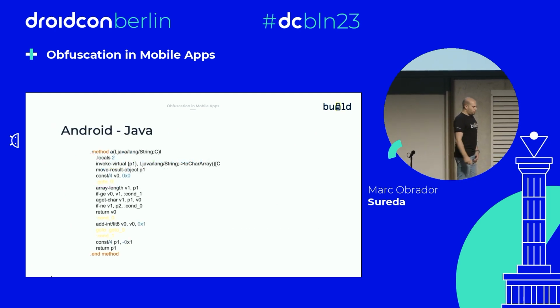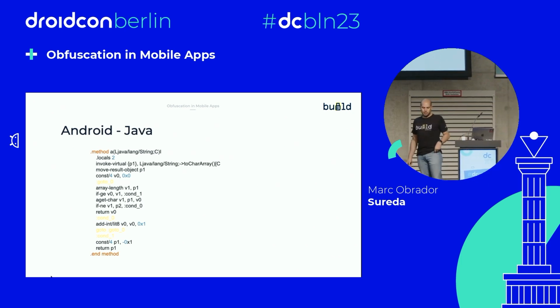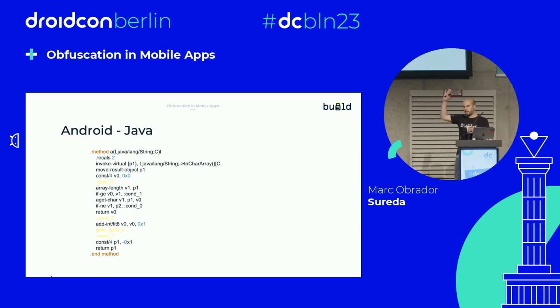OK, let's go into the thing that most of you are probably using: Java, Kotlin, JVM languages. Now a minute to try to guess what this piece of code is doing. Hands up if you know what it is.